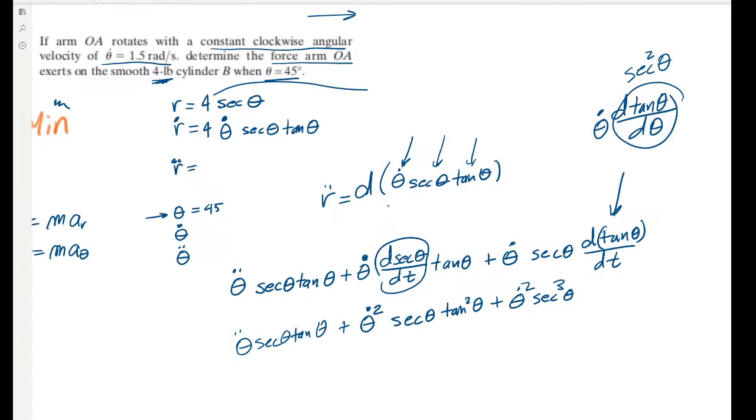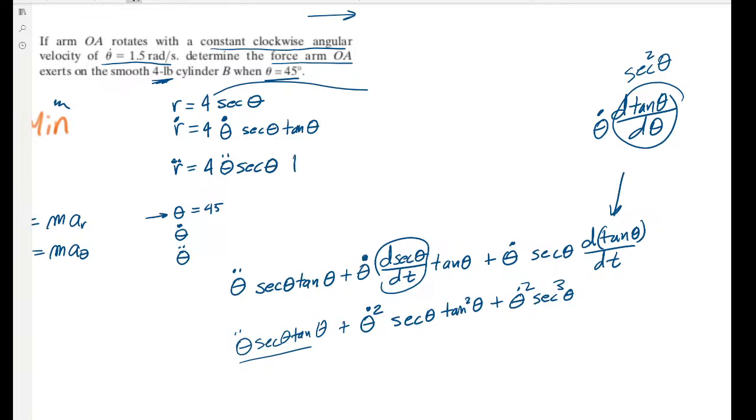And now that we've been through that, I'll take my time and write this crazy thing down. First things first, I'm going to take that term first. I have to make sure I include my 4 again. Theta double dot, and I have to be patient because I'm using the computer that's supposed to be better, but it's not necessarily better.